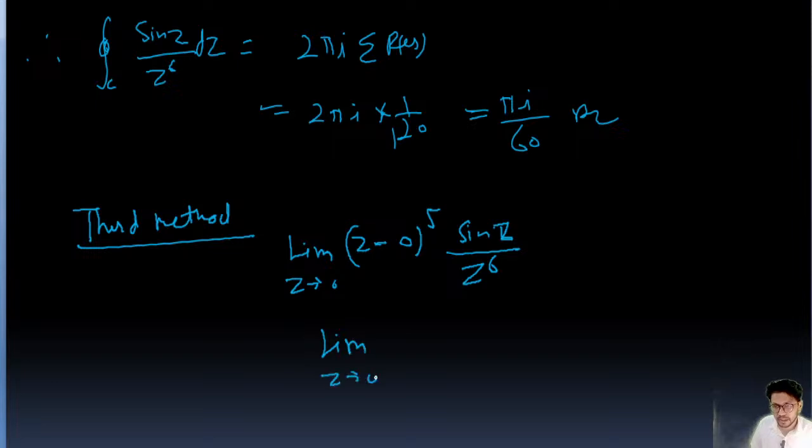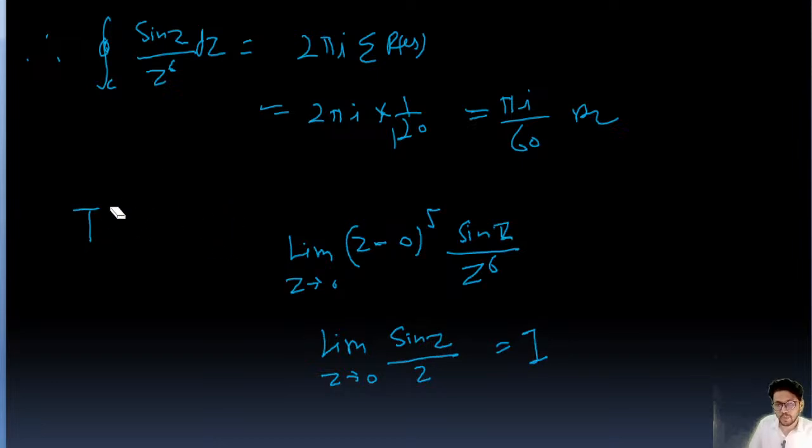So limit z tends to 0 of sin z upon z, and this value is 1. So here, this is not a third method actually. This is how we can find the order of the pole. Because this is 1, the limit exists, and that means the order of the pole is 6.